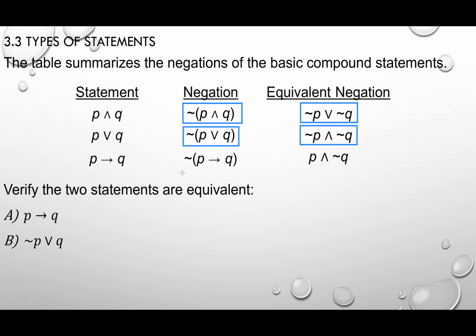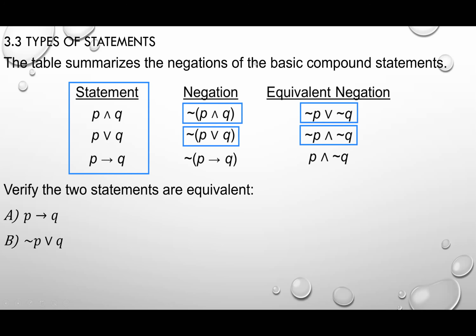Okay, so this is your original statement. You have an and statement, an or statement, a conditional statement. If you want to negate them, instead of saying it is not true, or it is false, or it is not true that this is the case, instead of writing like this, we say that they are equivalent, so we write it like this.